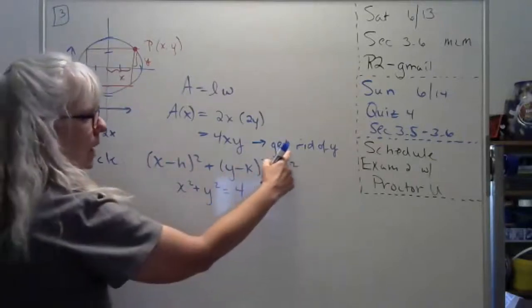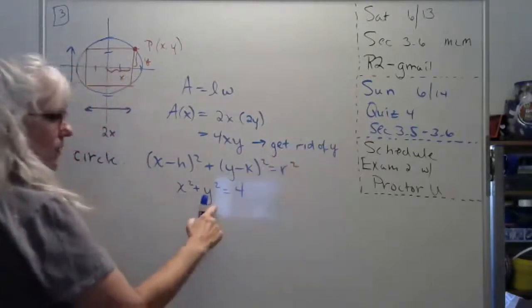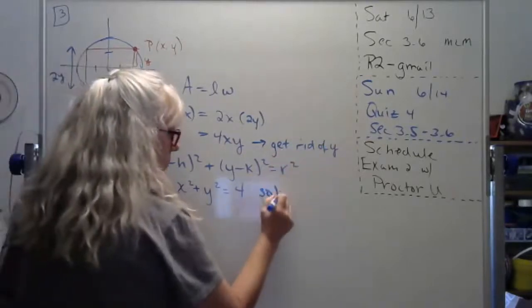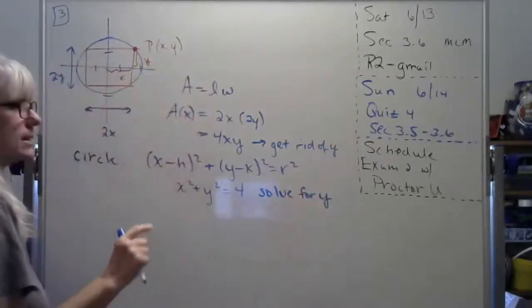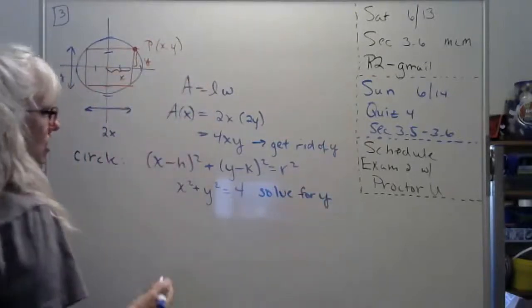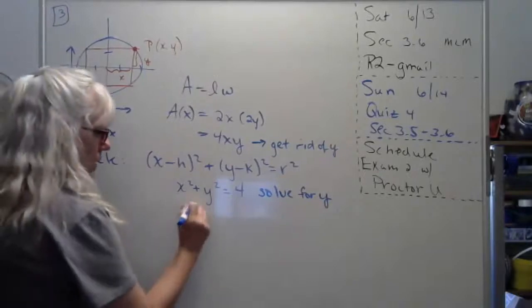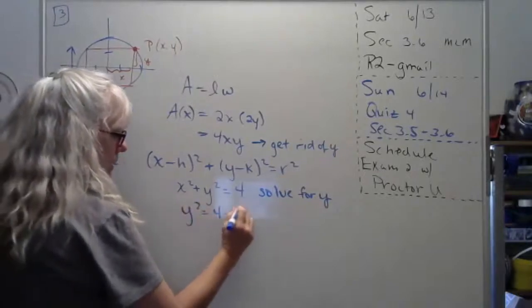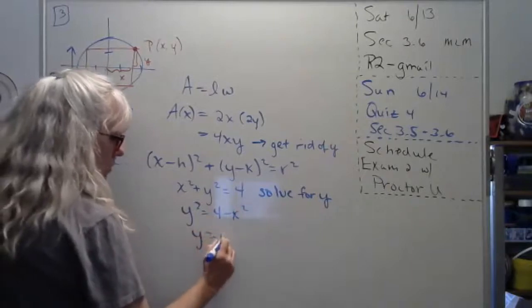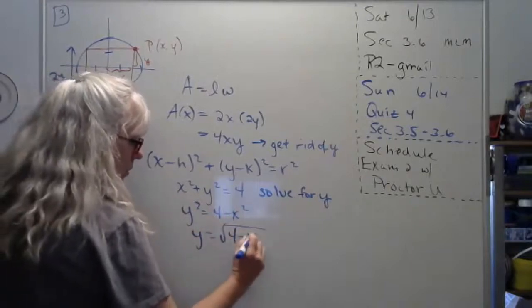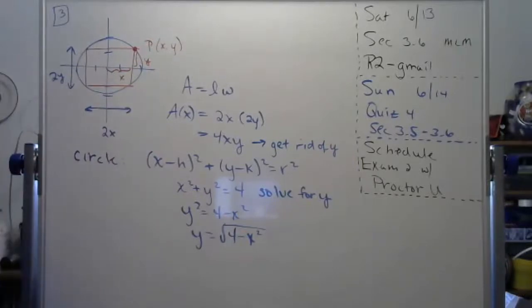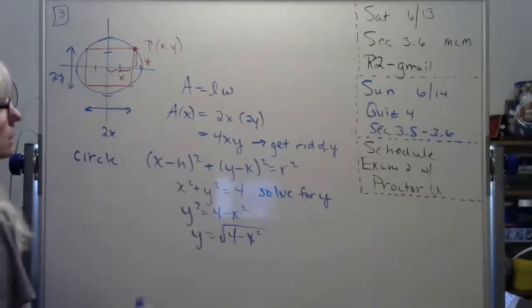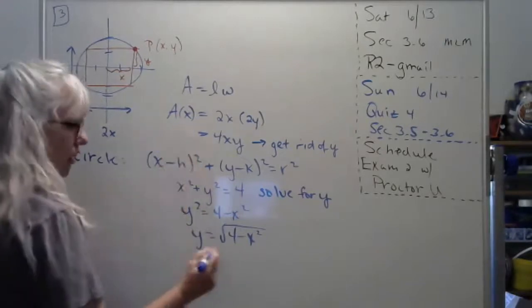Because we want to get rid of y, we need to solve this for y. So I'm solving for the letter that I need to get rid of in my area function. So y squared would be equal to 4 minus x squared, and y is then equal to the square root of 4 minus x squared. Okay, now what? Now we're just going to do our replacement. Down here, we're going to take that area in terms of x.